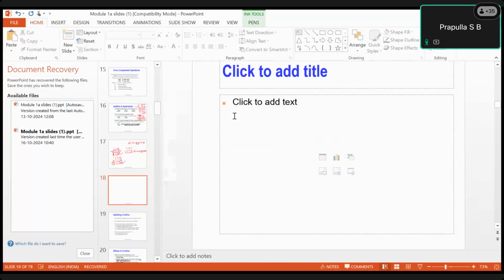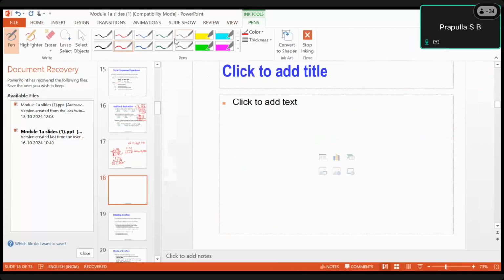Say for example, I want to subtract 15 from 4. I want to subtract 15 from 4. So if I have to represent it, 15 is 1111.